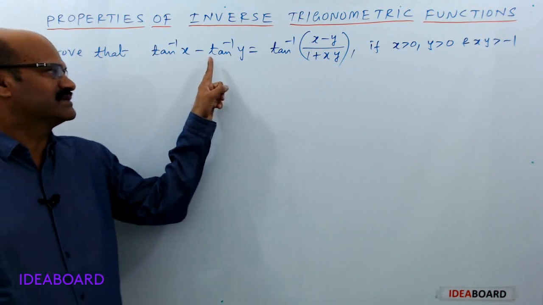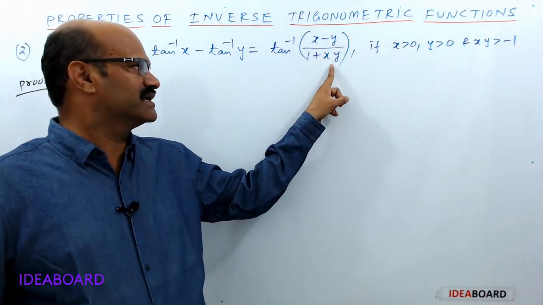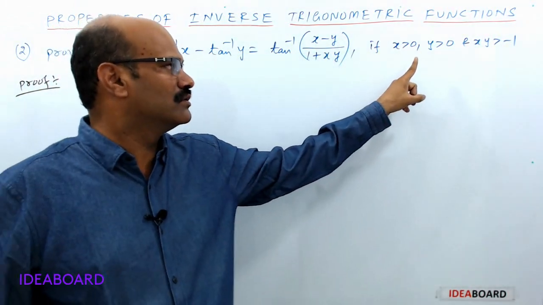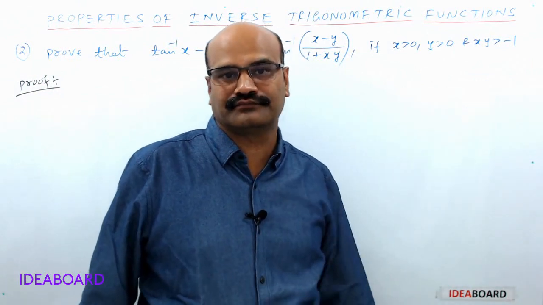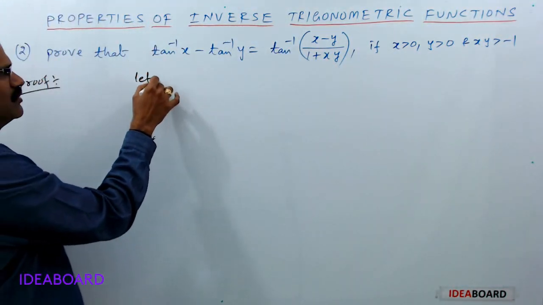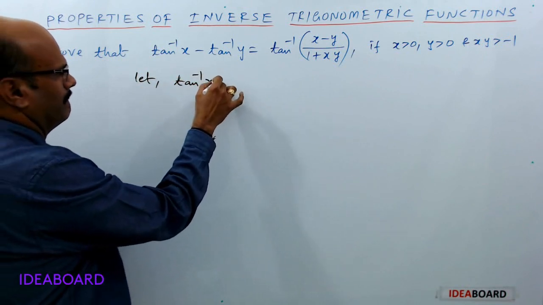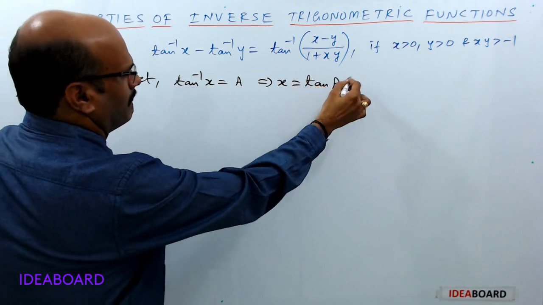Prove that tan inverse x minus tan inverse y equal to tan inverse of x minus y by 1 plus xy if x greater than 0, y greater than 0 and xy greater than minus 1. Let tan inverse of x equal to a. It implies x equal to tan a.